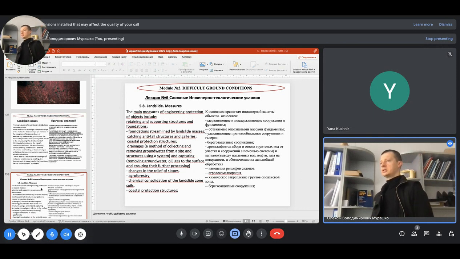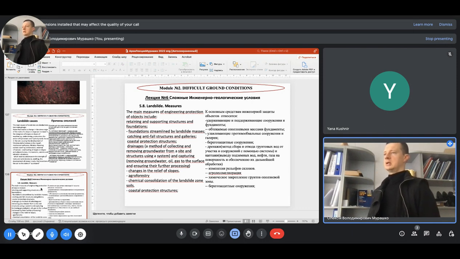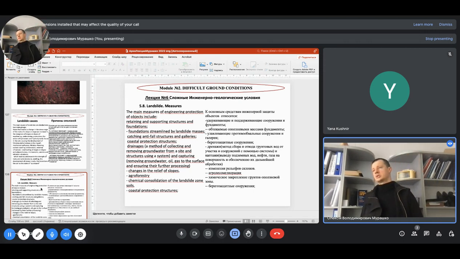Next, a foundation which is streamlined by landslide masses, so we can catch those streams, or use them like anti-fall structures and galleries. Also, coastal protection structures and drainages.